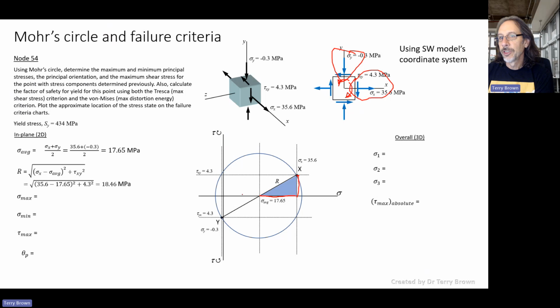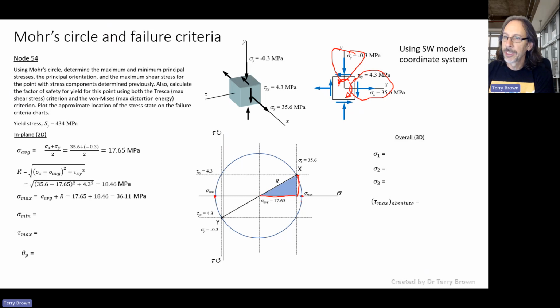The extremities of this circle give us the maximum and minimum stresses. So in the horizontal direction, stress max is the extremity out here. Stress minimum is the extremity out to the left. So we can put that in and do the maths.